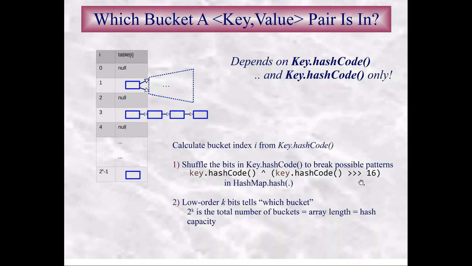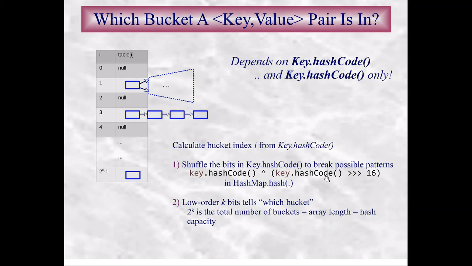We don't need to spend too much time on it. It's not relevant. It is in the hash method within HashMap. This hash method, if I remember correctly, is package private or private. It isn't public, but just as a note, if you're interested, you can look it up.